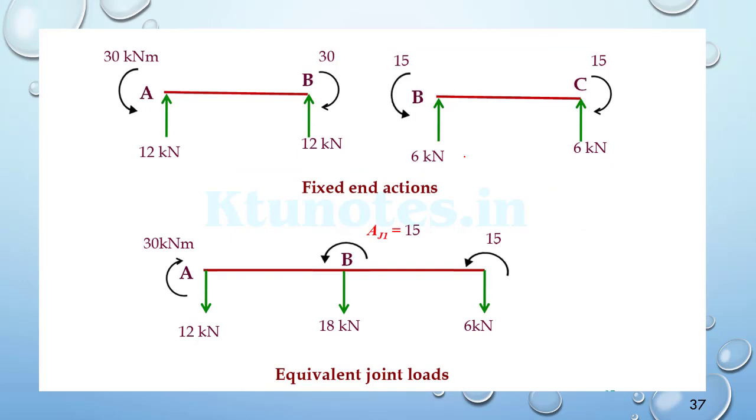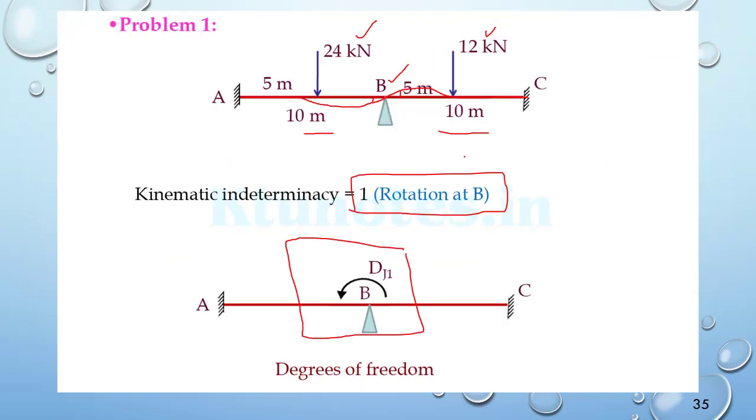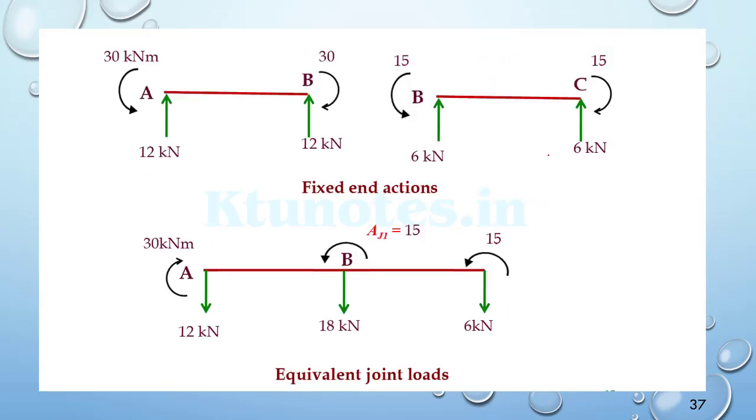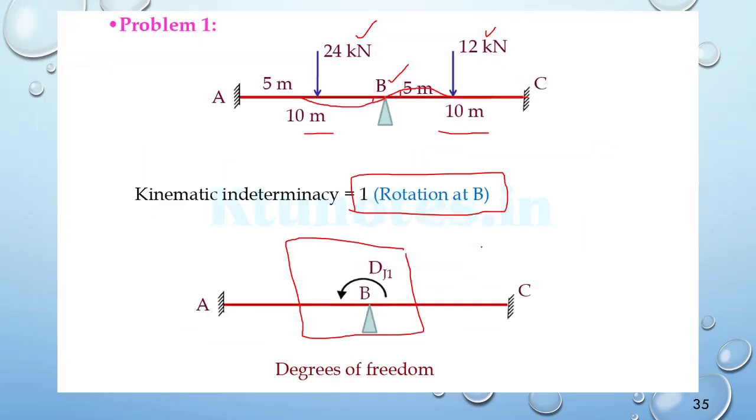Then we are making this beam as two individually fixed beams, like this. So this is AB, and let this be BC.